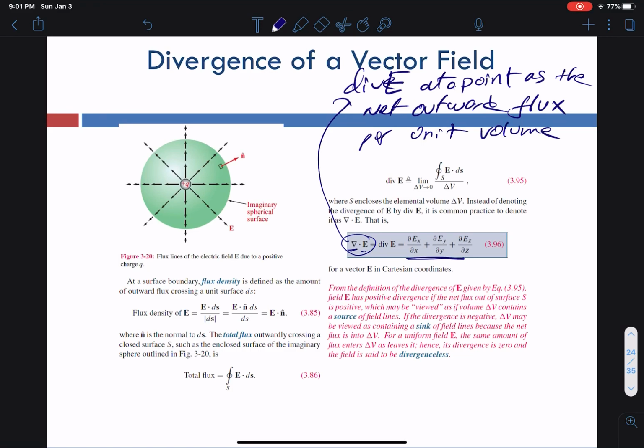So it's the measurement of how much flux is coming out of a closed surface. Again, it's from a closed surface.